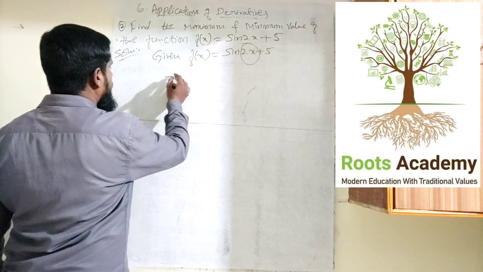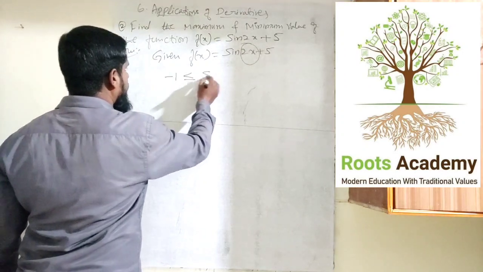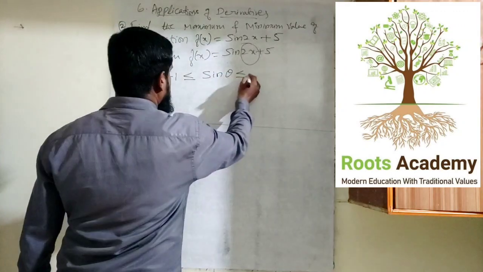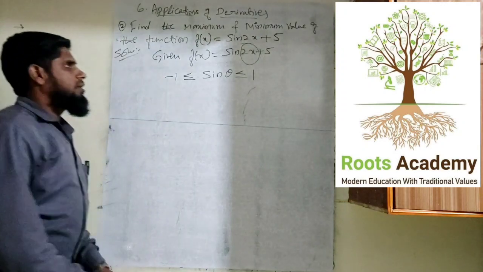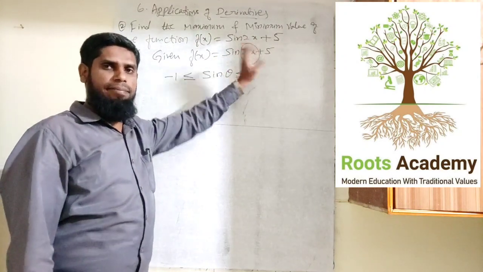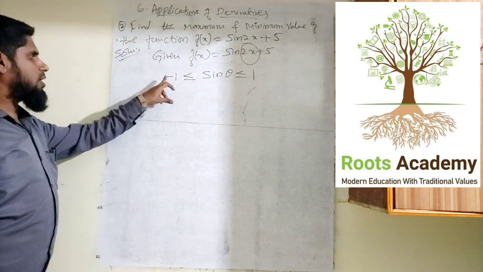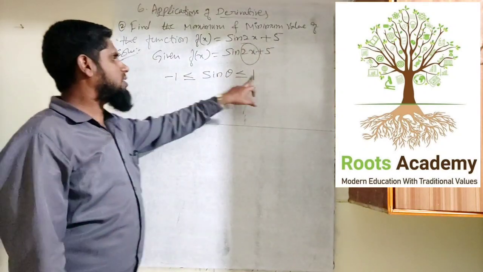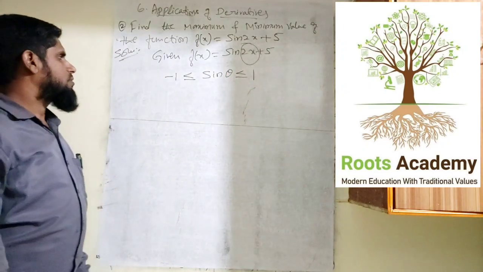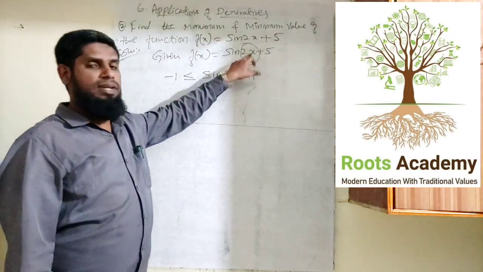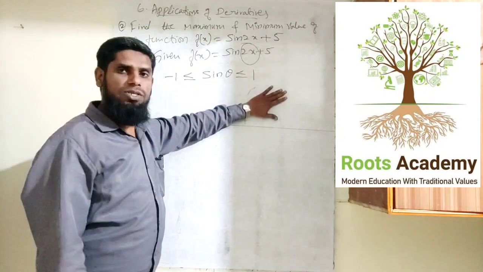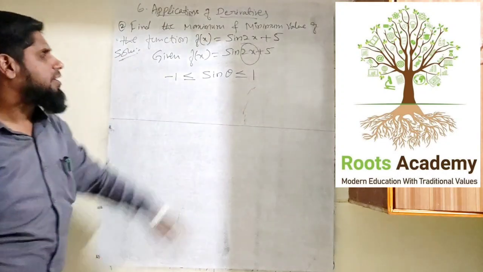So that is -1 less than or equal to sine theta less than or equal to 1, irrespective of any multiples here. This is the minimum value and this is the maximum value for sine. Whatever the multiple is, the minimum is always -1 and the maximum is +1 in the case of sine.